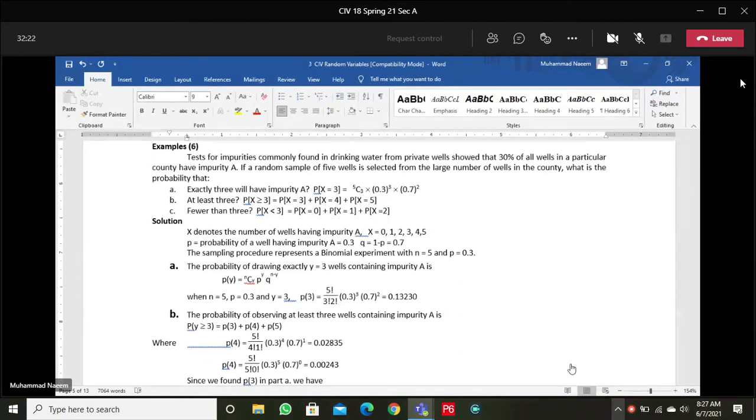First of all, we must define our variable. Here we are considering what is under discussion, the number of wells having impurity.